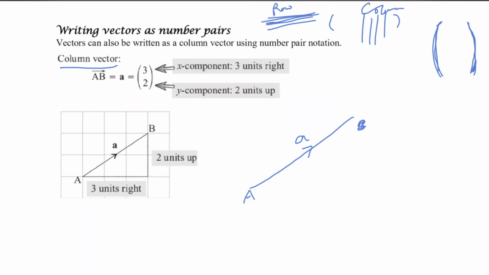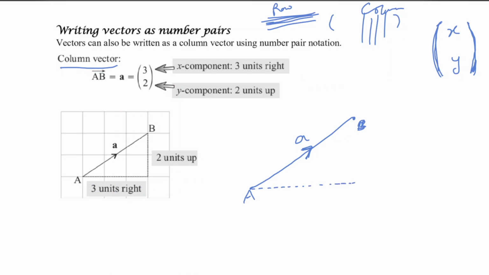First of all, you should know that in a column vector the first term is X and the next term is Y. Over the top it should be X and below should be Y. Because the direction is from A to B, you have to check how many units it is going along the X axis.